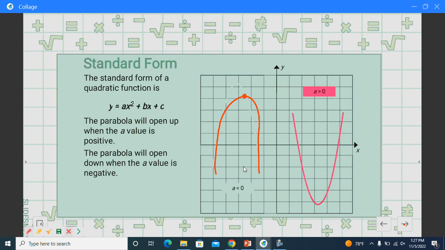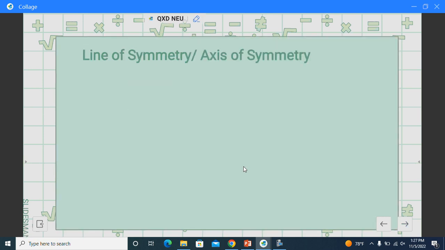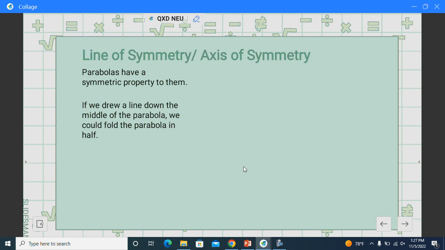Next, the line of symmetry or axis of symmetry of parabolas. Parabolas have a symmetric property. If we draw a line down the middle of the parabola, we could fold the parabola in half.